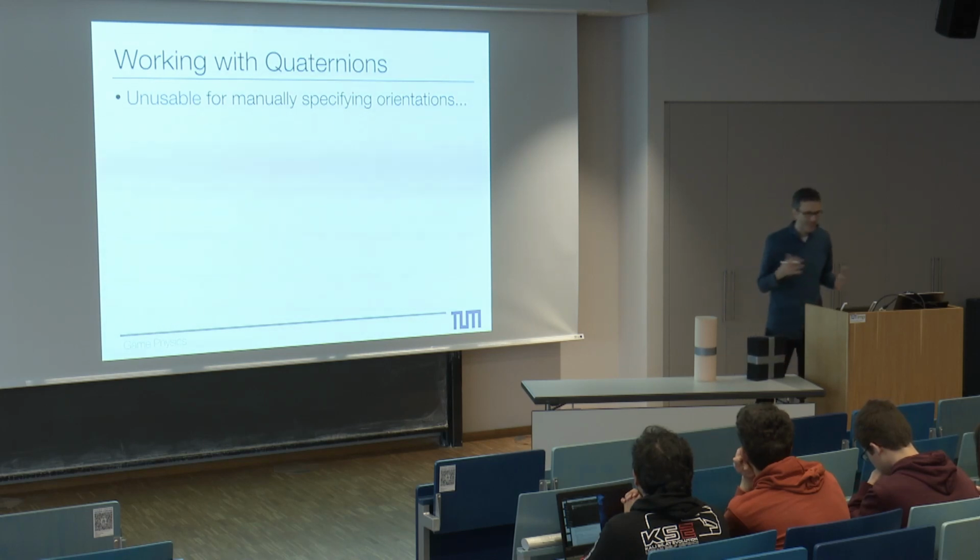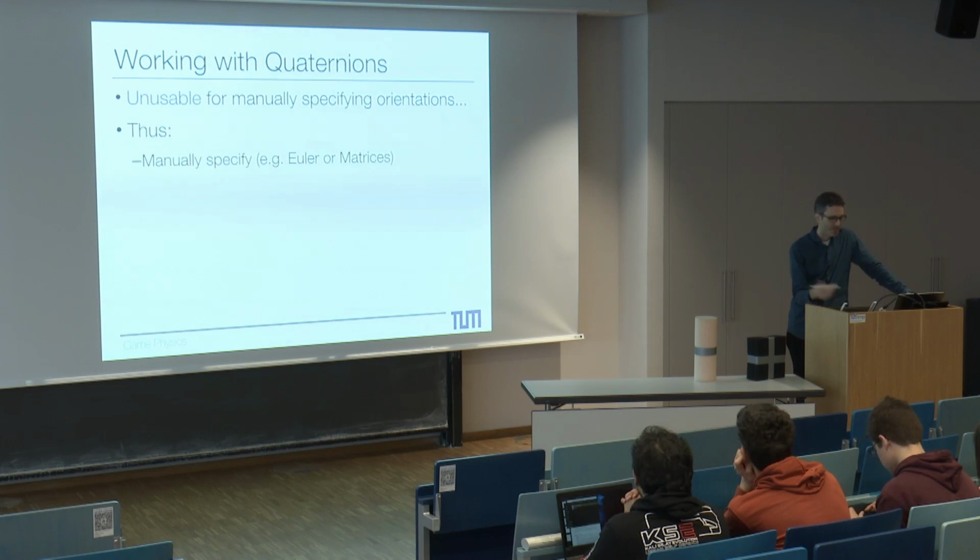So in practice, it's good to have conversions. You typically specify something like these Euler angles originally to set up your system, or a matrix, and then convert it into a quaternion. There are nice conversion functions that handle all the central work.